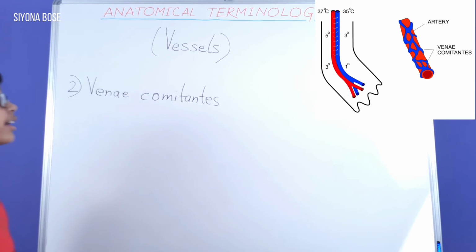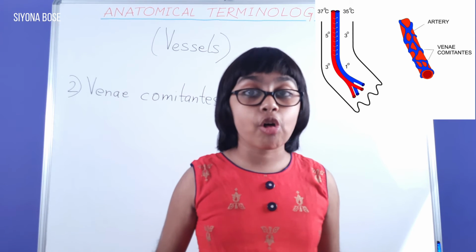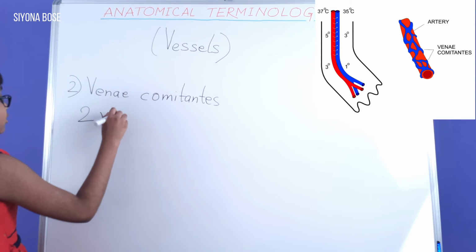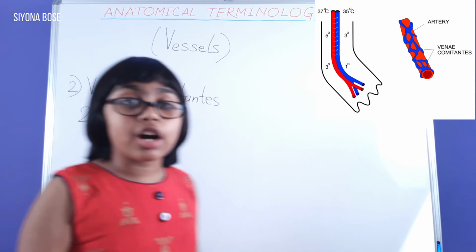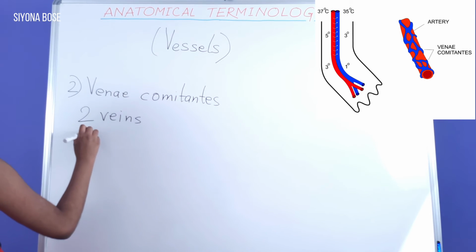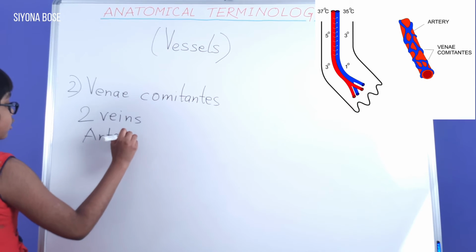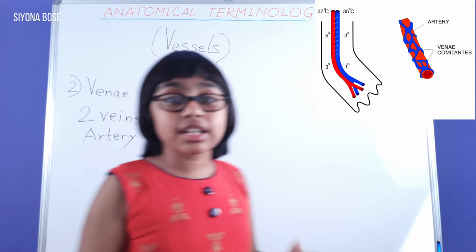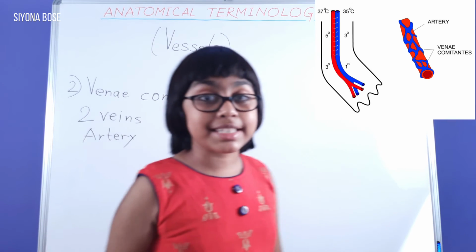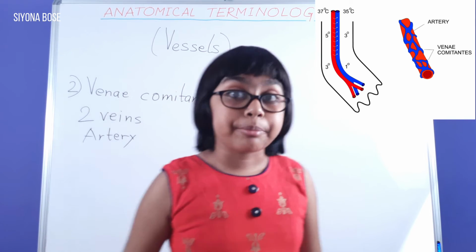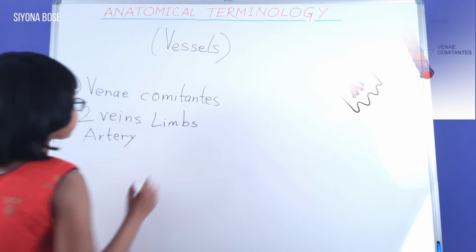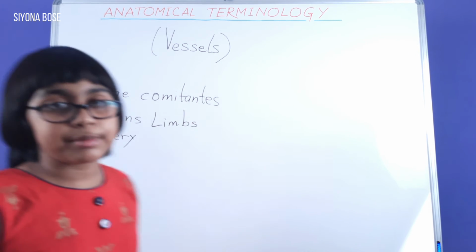Venae comitantes are basically two veins, each on one side of a middle-sized artery, which are joined across each other. And mainly these will be present in any of the limbs.